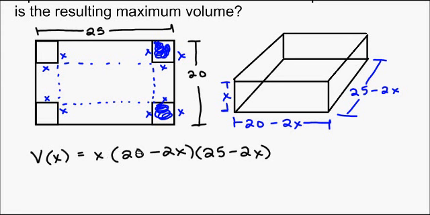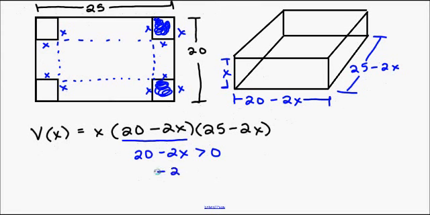And first let me restrict my x values here. So I know x can't be 0 because this whole volume would be 0. But this here and this one also, I want to be greater than 0 because otherwise I'm going to have a negative volume, and I know if I have a box, I'm going to have a positive volume. So x must be less than 10.